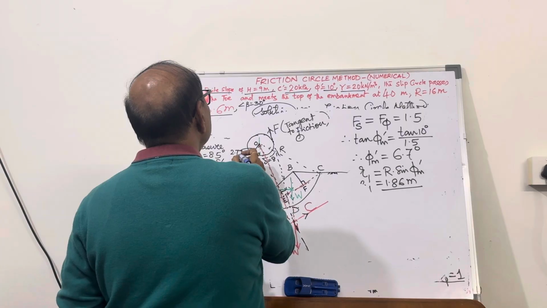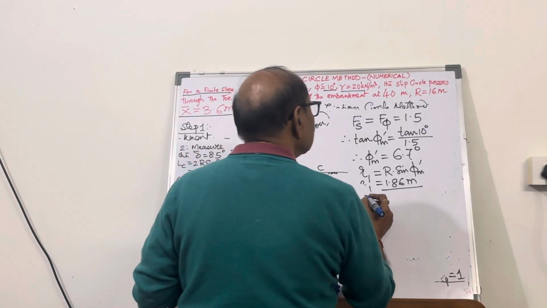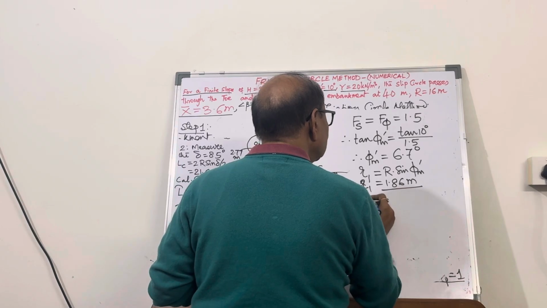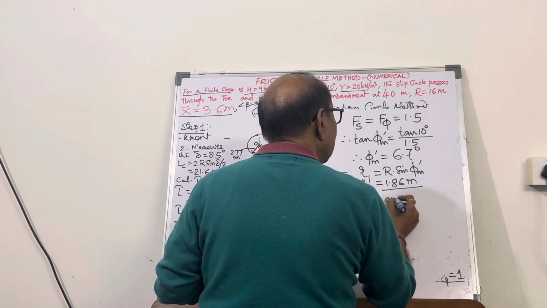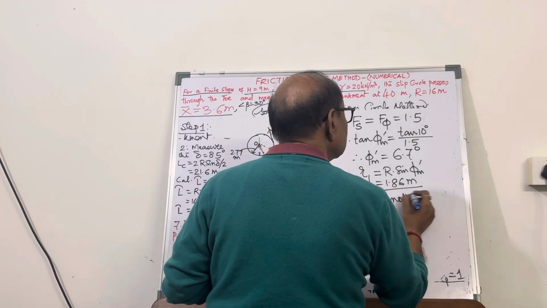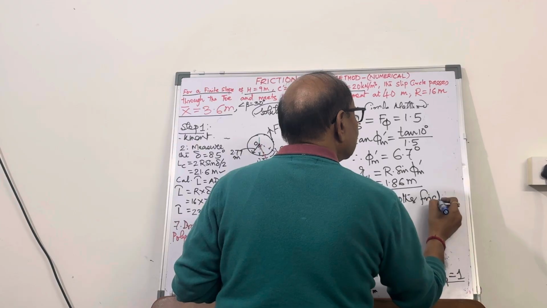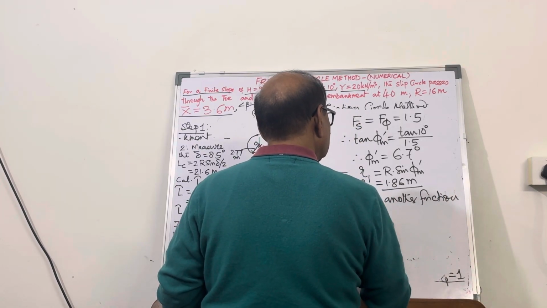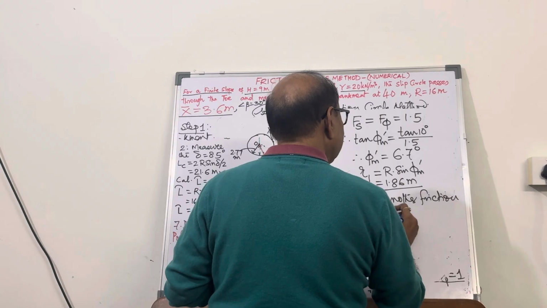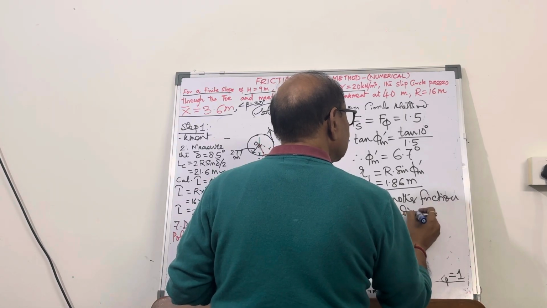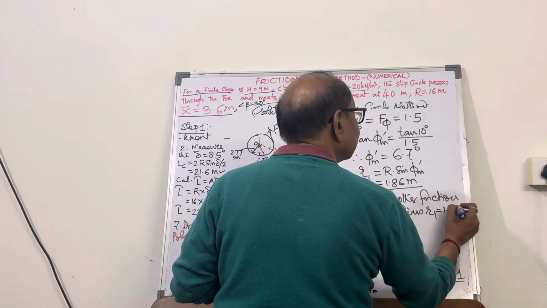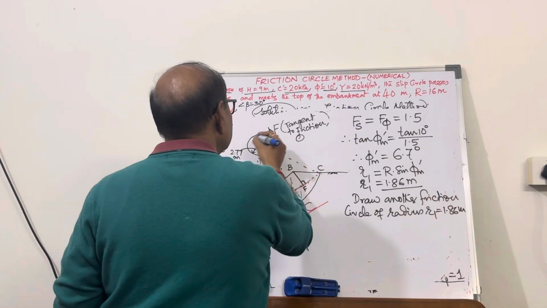This was 2.77. Now you draw another friction circle of radius R1 equal to 1.86 meters. So you can draw it here.